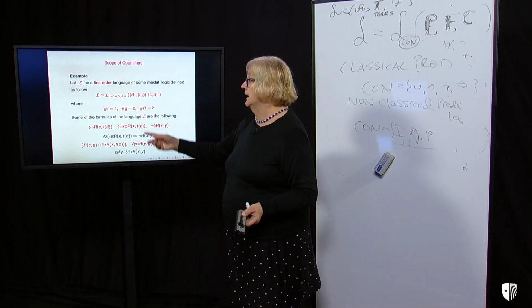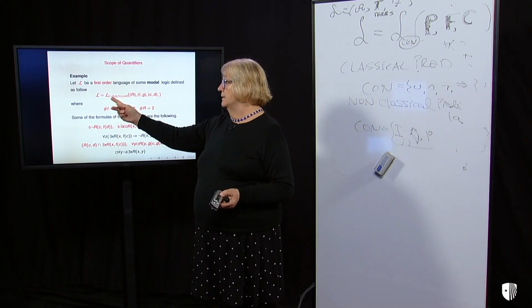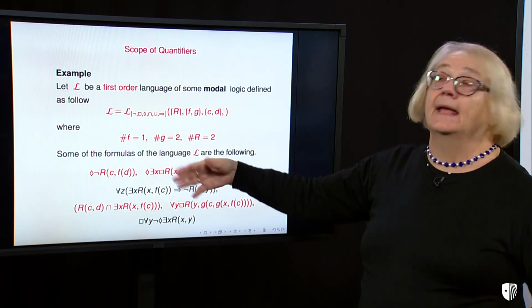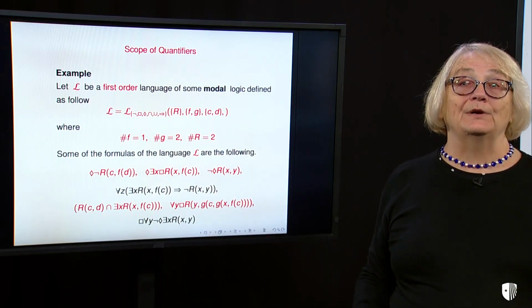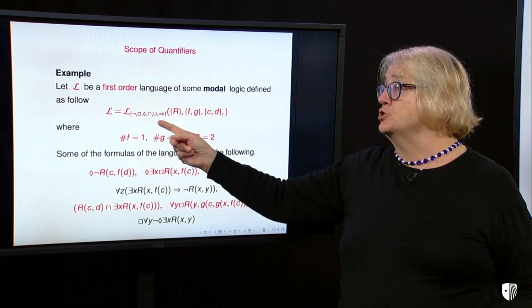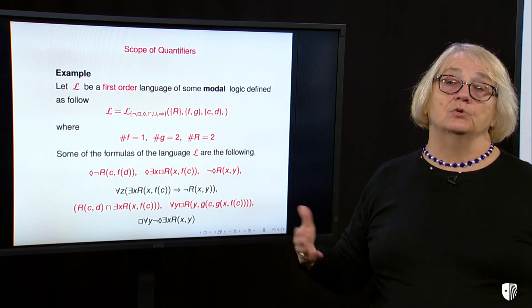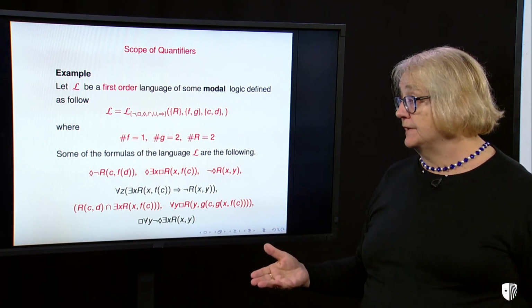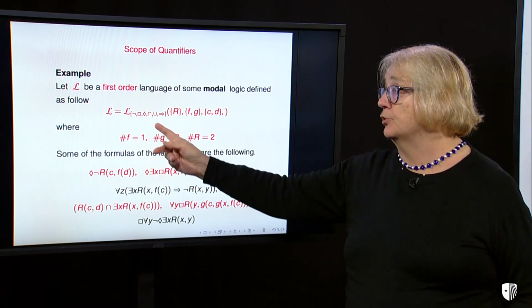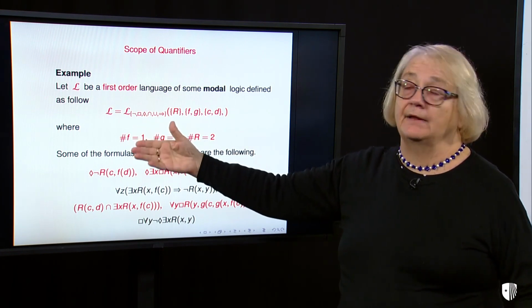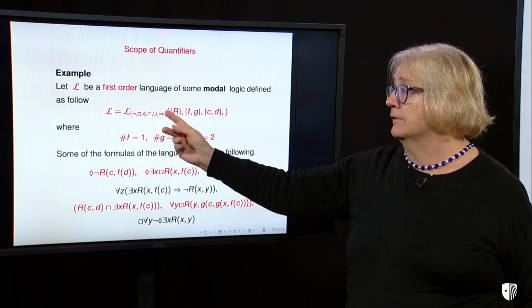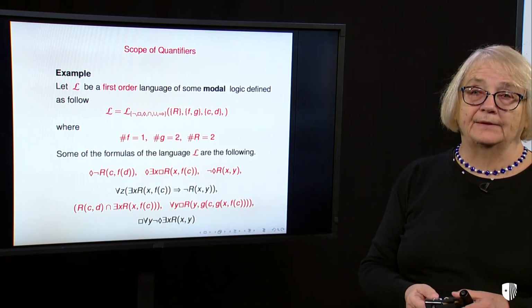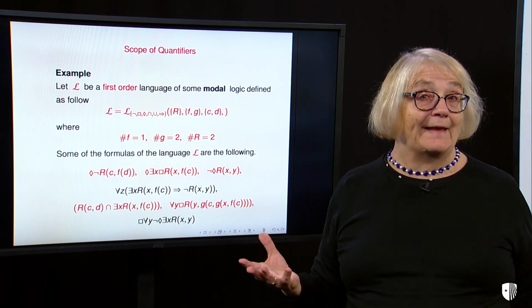So here you have an example of a modal language, and that would be a predicate language with the choice of connectives telling you which kind of non-classical language it is. The proper formulas you could build in a similar way as we did with classical connectives, but I just want to tell you that they exist.